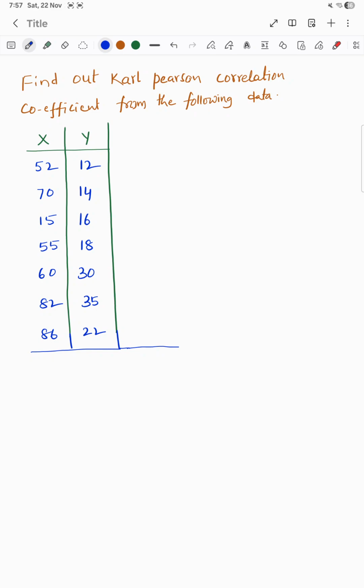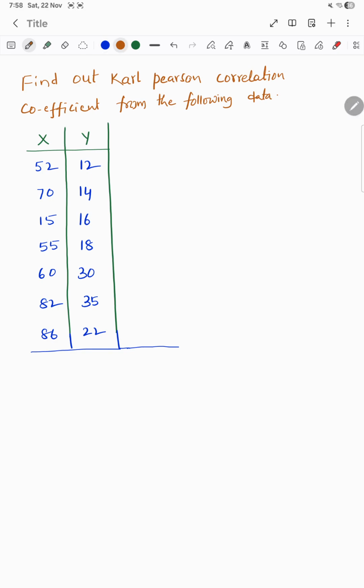As we know that correlation coefficient is used to know the degree and direction of the relationship between two or more variables. This correlation may be simple correlation or multiple correlation. In this example, the data is given for x comma y, therefore this method comes under simple correlation analysis.